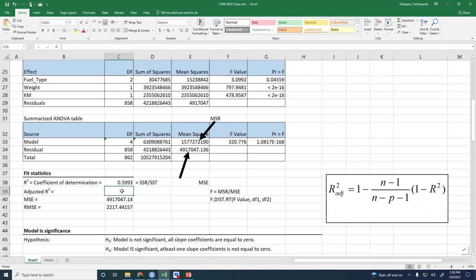It will always go up. So even if the variable is not doing a whole lot, putting it into the model will never decrease the R squared value. If the variable is doing nothing at all, R squared will stay the same. If it does a little bit, it will go up. So it can only go up.